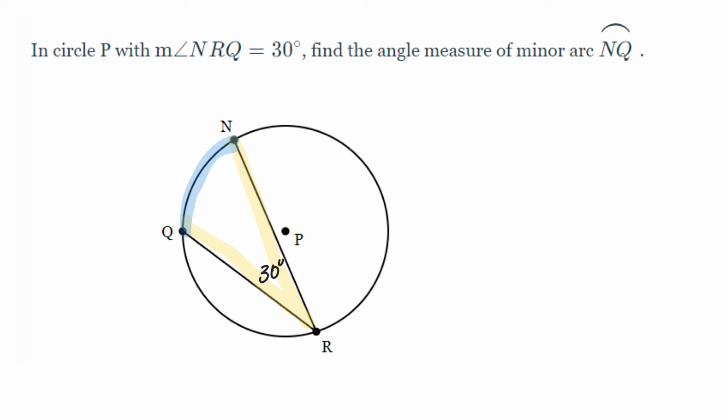Well, if it's a 2-to-1 ratio, then if the angle is 30 degrees, the arc is going to be 2 times that. So our arc NQ is equal to 60 degrees. And just like on the last one, wherever I move this 30 degrees, if I put it here and connect those, it's still going to create a 30-degree angle.